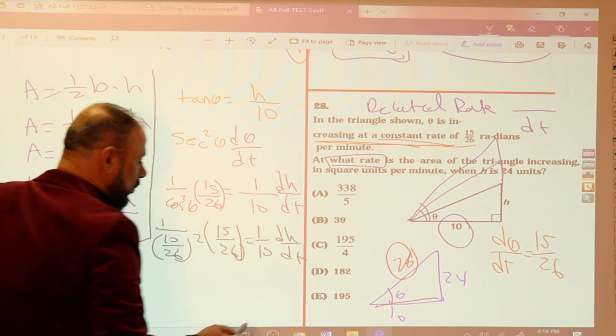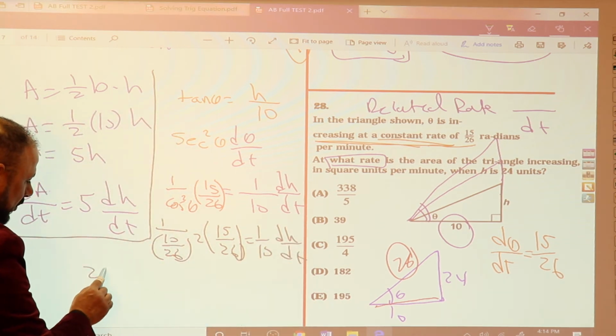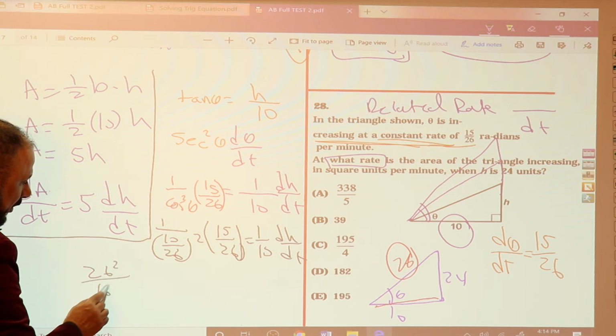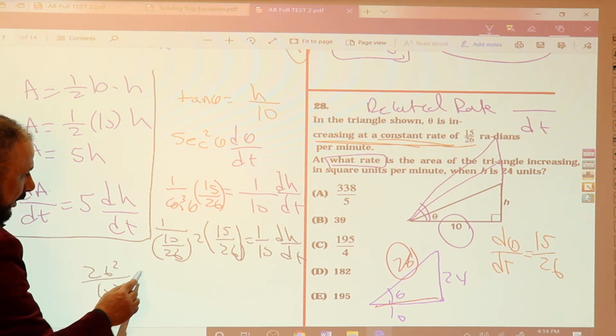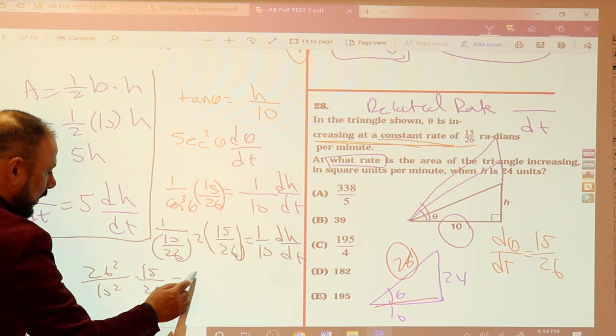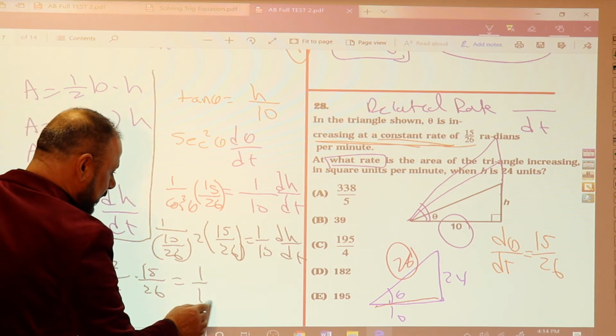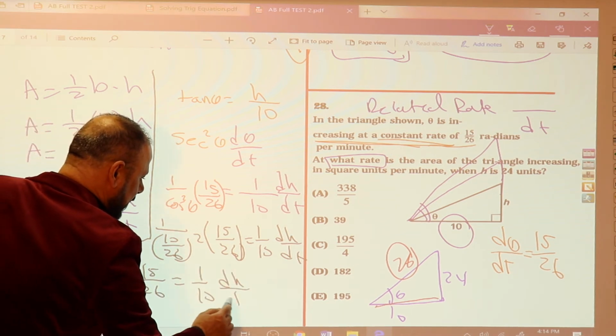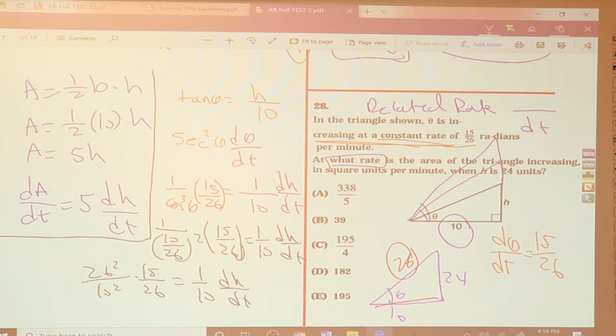This is a good problem to review. This is 26 square over 10 square, times 15 over 26, equals 1 over 10 dh over dt. Now, simplify.